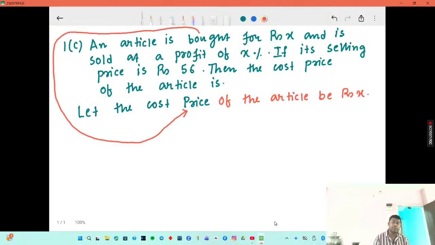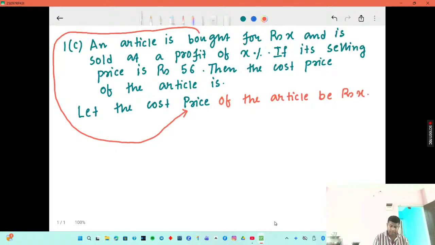In order to solve this question, we have to find a relation between cost price, selling price, and the profit percentage. So, can you help me to find a relation between selling price, cost price, and the profit percentage?